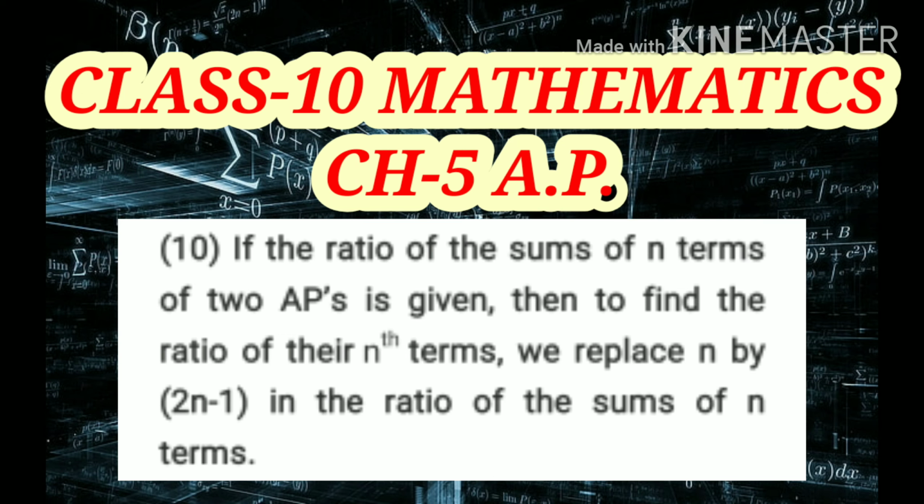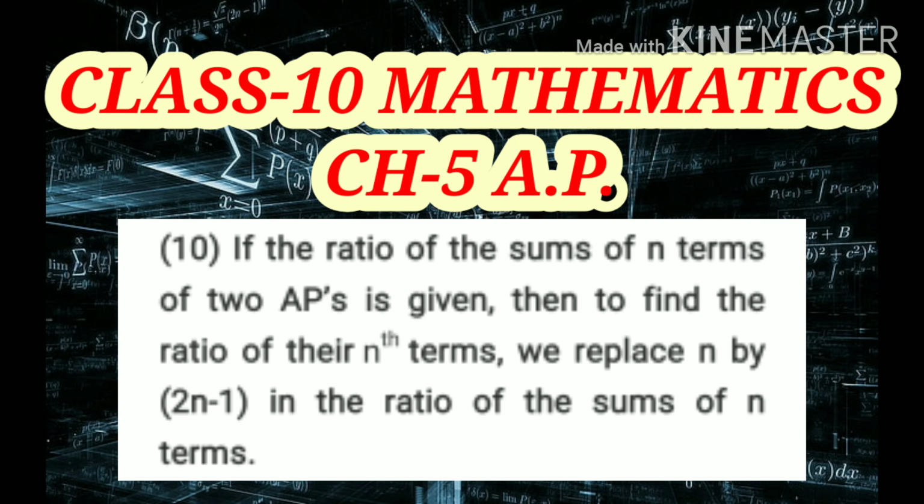Children, today we will discuss applications of AP under the topic arithmetic progression. Children, if the ratio of the sums of n terms of two APs is given, then we can find the ratio of their nth terms in a very easy way.